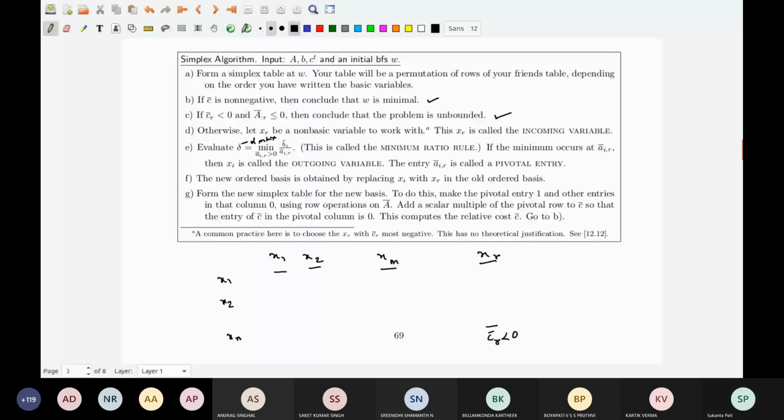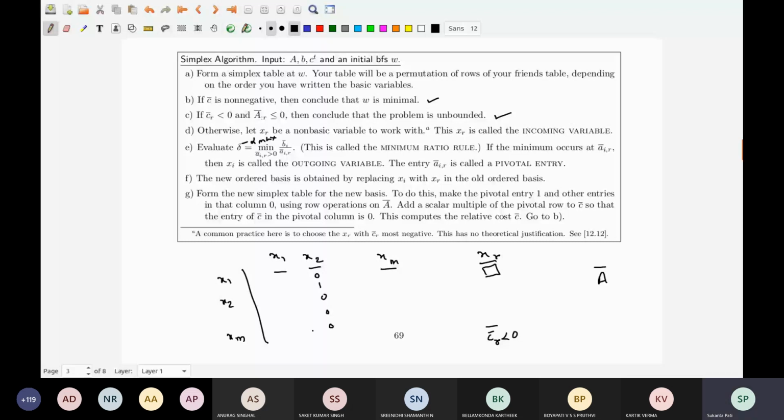So this entry was the pivotal entry. So in that case, as I already have changed, as in A bar, in capital A bar, that is this matrix, the whole matrix that you are seeing over here. The column below x2 is already E2, so I don't have to perform any operation to convert it to E2 because it is already there.